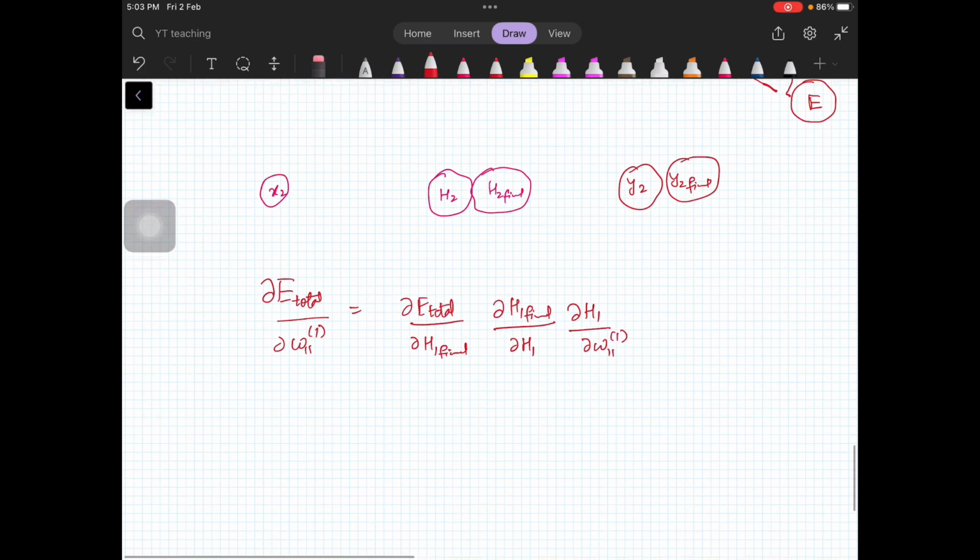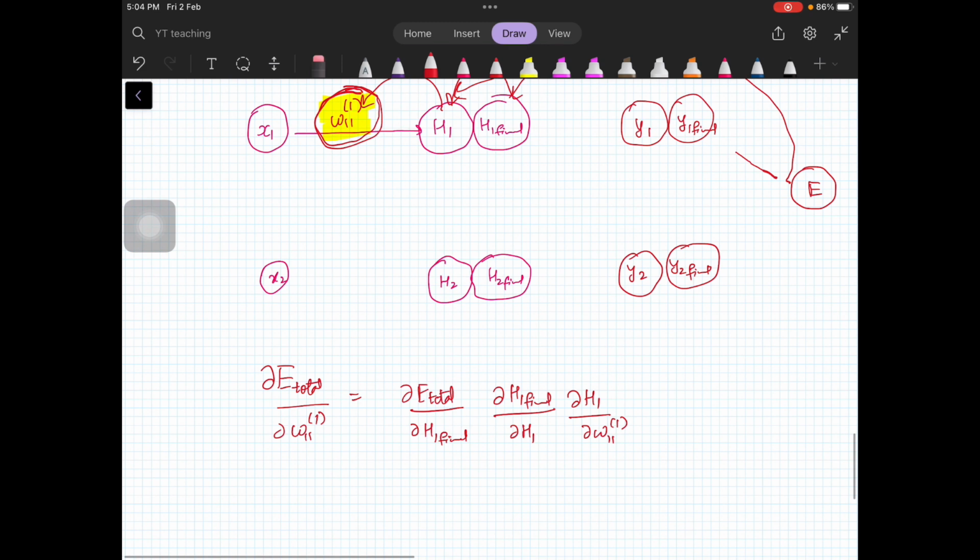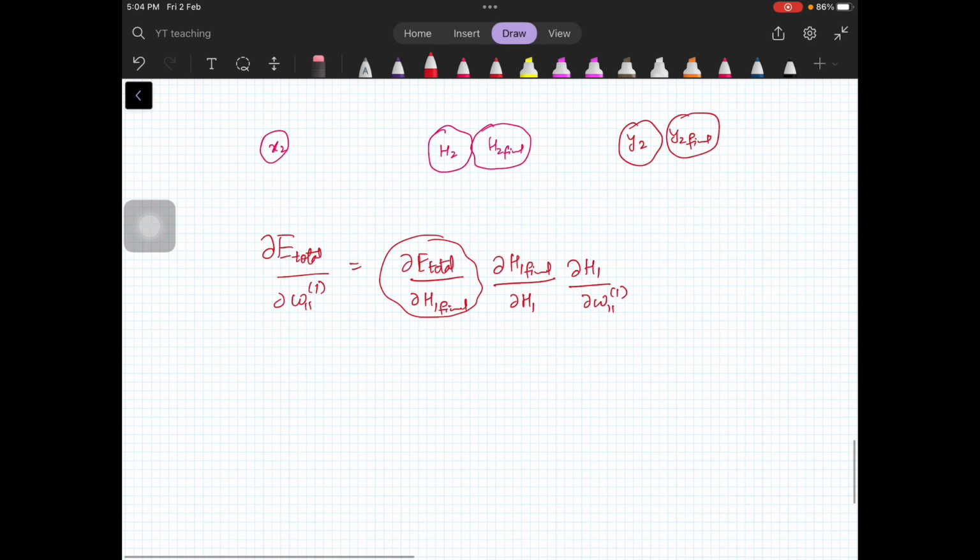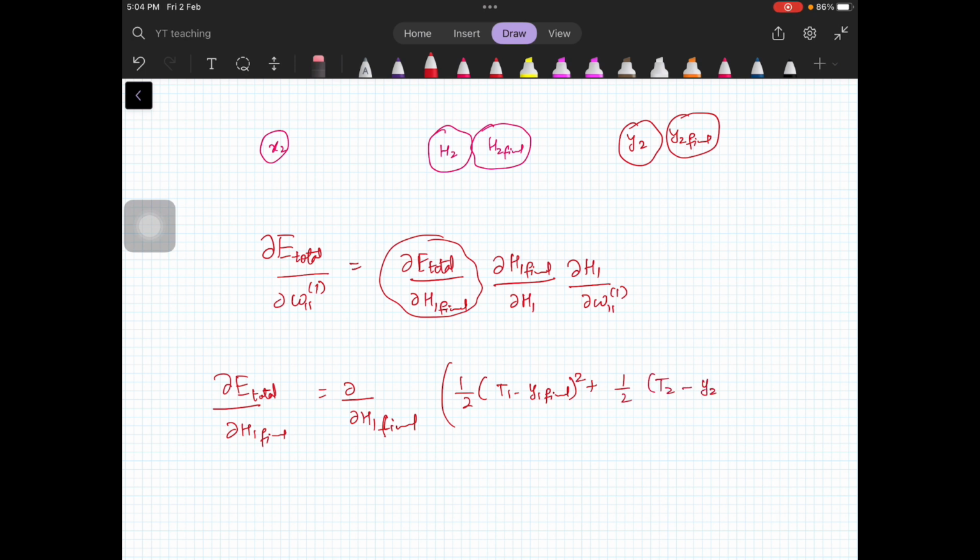So now let us try to see what it is, right? So here if you look at rate of change of E total with respect to H1 final, what is that? E total we'll just write down in a moment. E total is 1 by 2 (T1 minus Y1 final) square plus 1 by 2 (T2 minus Y2 final) square, right?